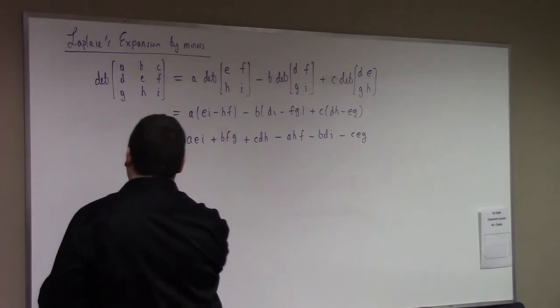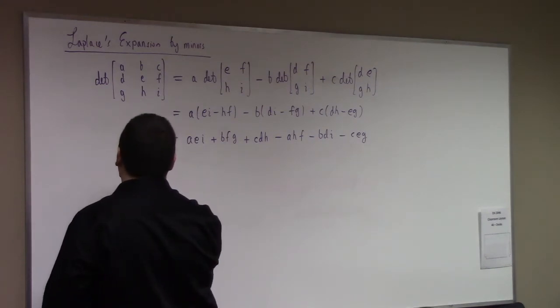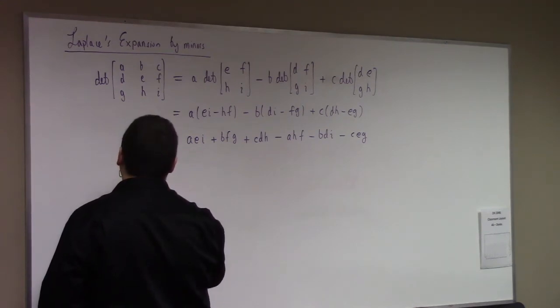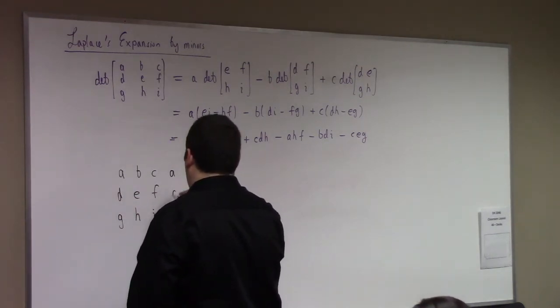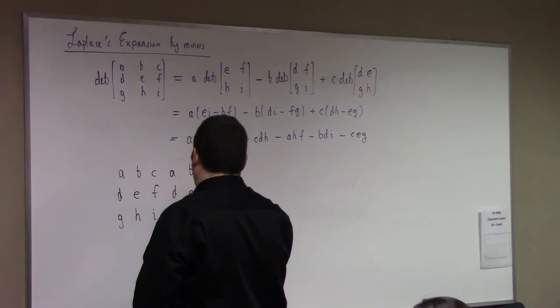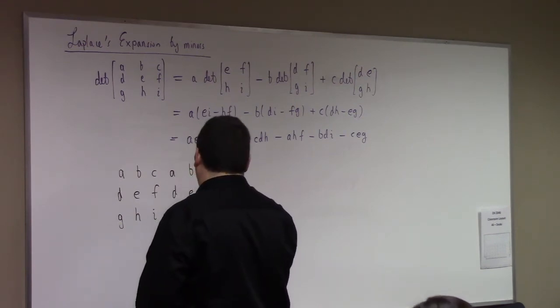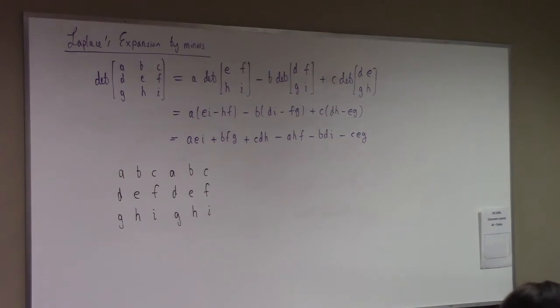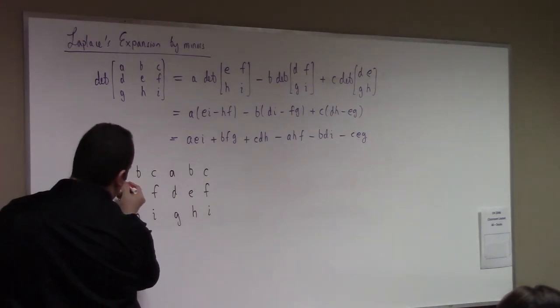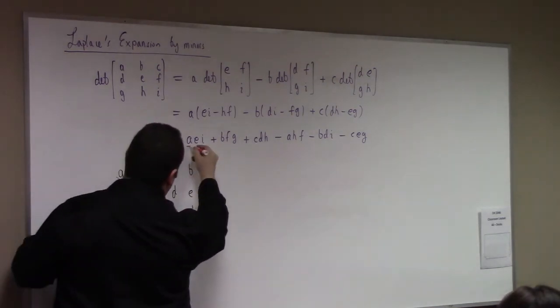So you write A, B, C, D, E, F, G, H, I. Then I write it again: A, B, C, D, E, F, G, H, I, and you write it neatly. Then you can see the pluses from just multiplying like so. See this AEI is this term, right?